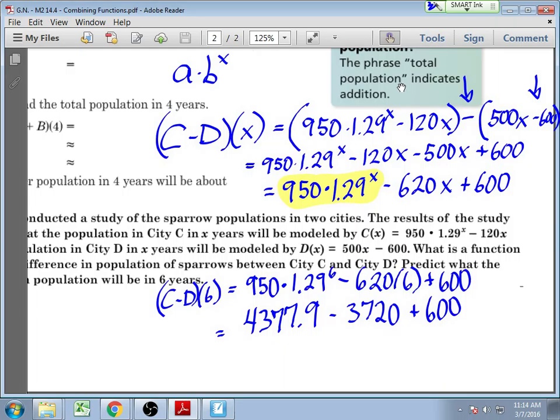So now I can combine all these values. Let's just round that up to 4,378. And we get approximately 1,258.